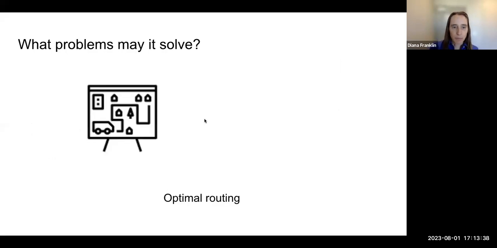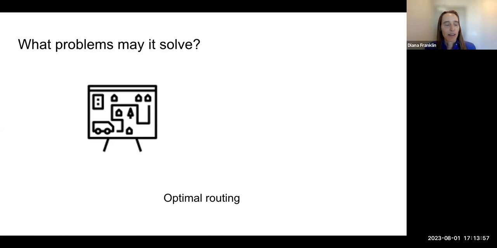Another problem that quantum computers are expected to solve are what we call optimization problems. One of them is optimal routing. For example, we have all of the packages on a truck that need to be delivered.